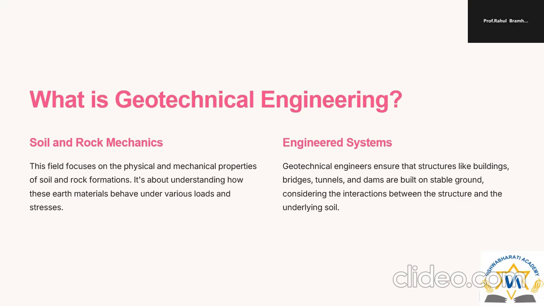The geotechnical engineer ensures that structures like buildings, bridges, tunnels, and dams are built on stable ground, considering the interaction between the structure and the underlying soil. This is the main work of the engineer in geotechnical engineering. These two are the main components of geotechnical engineering.